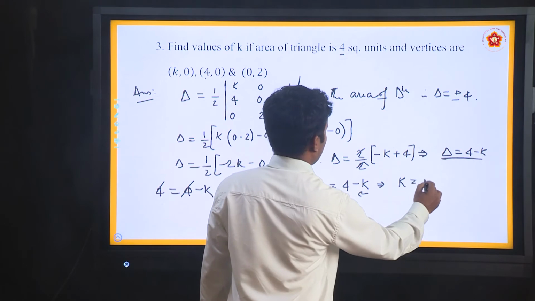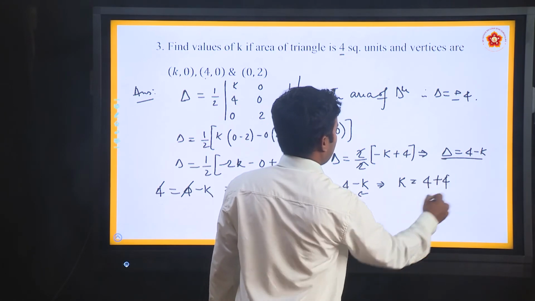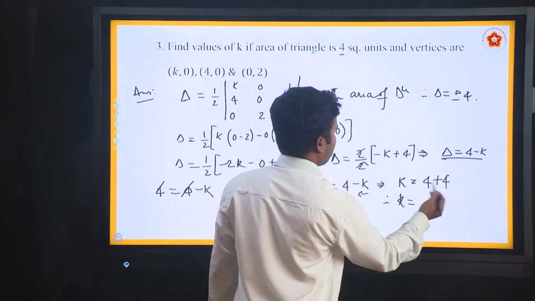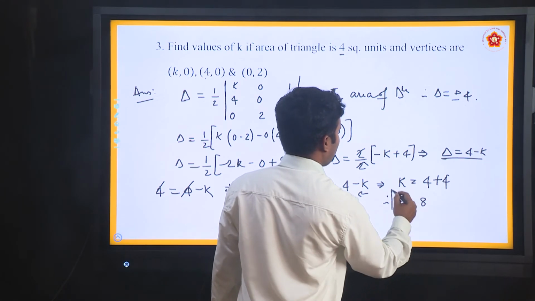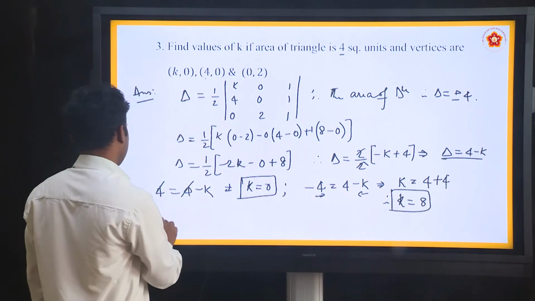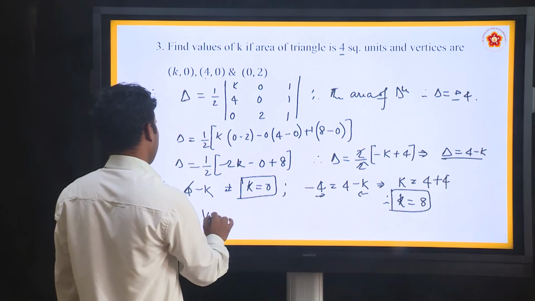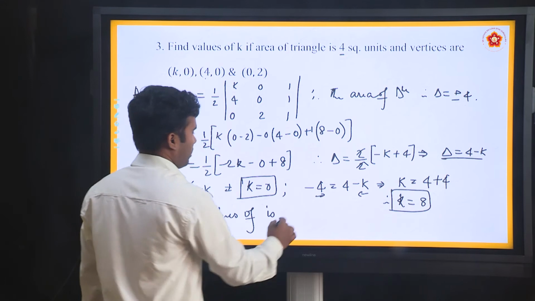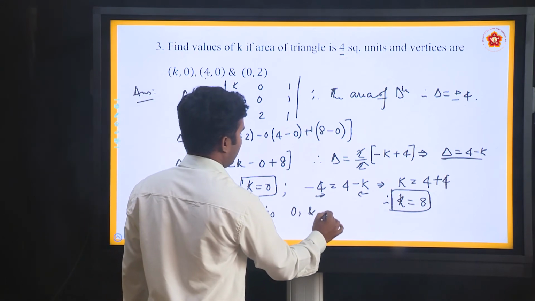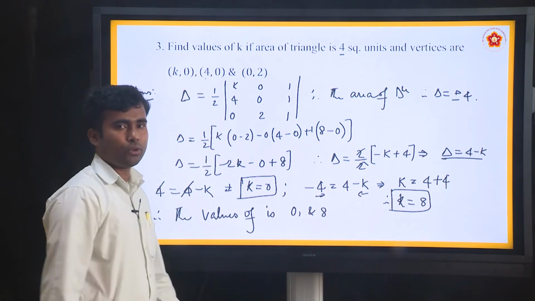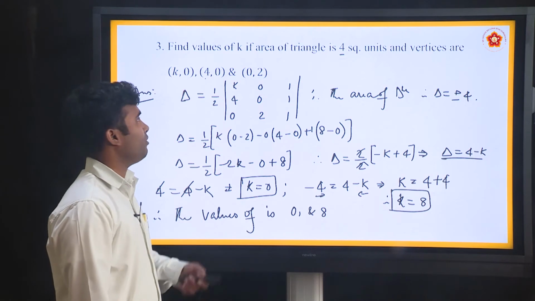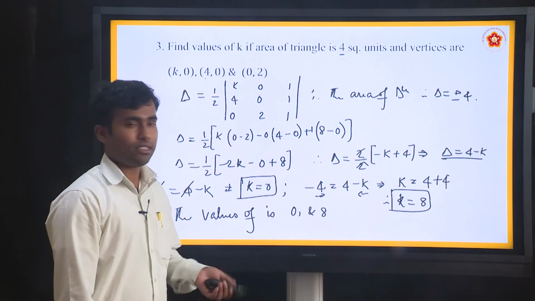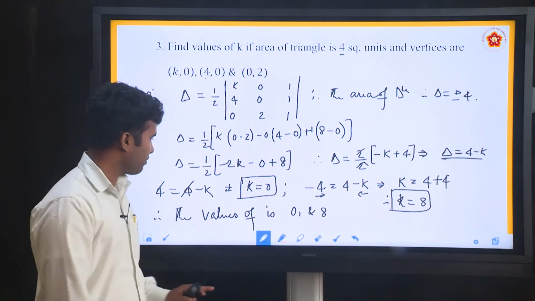So k is equal to 4 plus 4, therefore k is equal to 8. Therefore, the values of k are 0 and 8. This is how we find the value of k when the area of a triangle is already given.